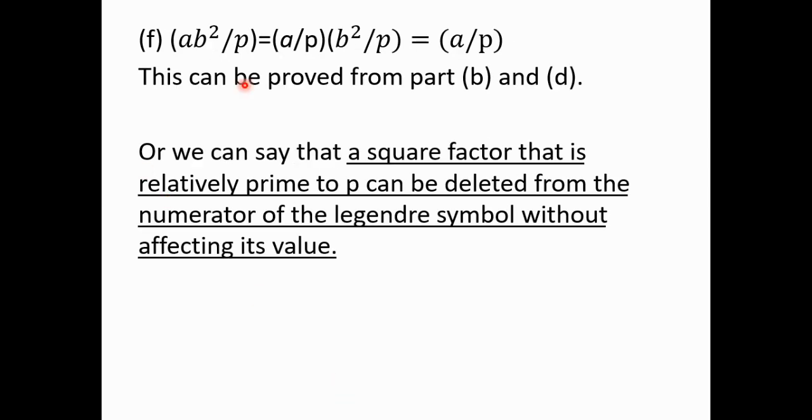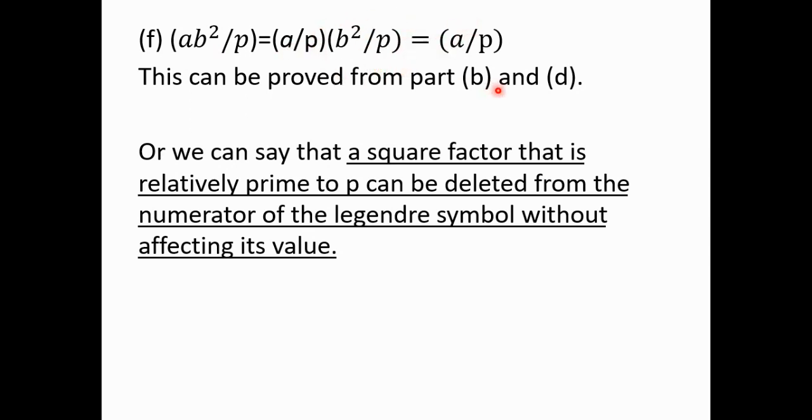Now this property F comes trivially from B and D. Here we have to show that the Legendre symbol (ab square/p) is equal to (a/p)(b square/p), which equals (a/p). This can be done from part B. This is the product of a and b square, so I can just write it as (a/p) into (b square/p). And this (b square/p) has value 1.